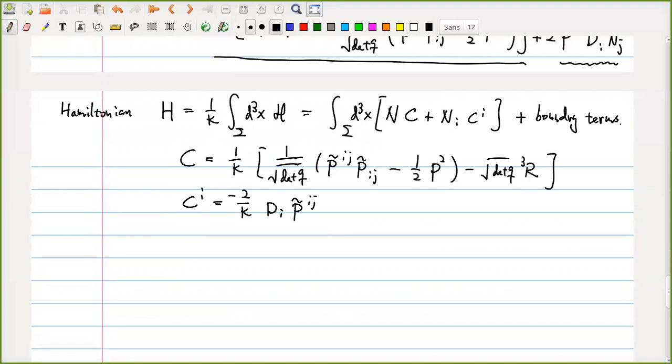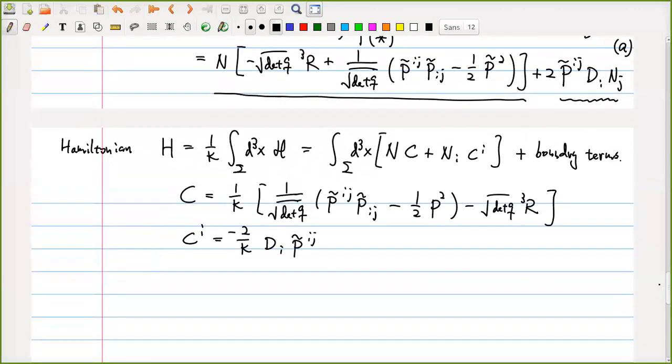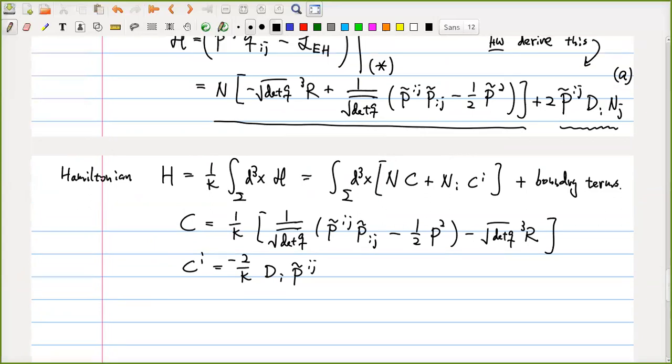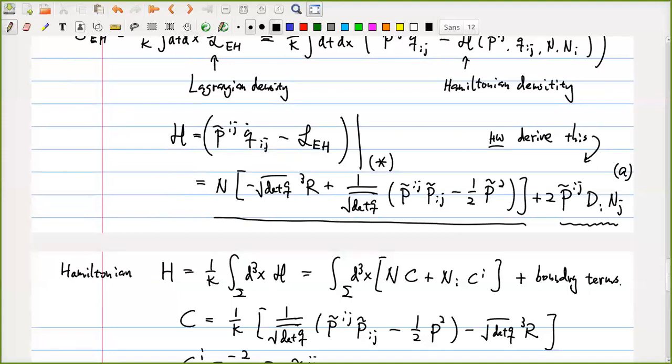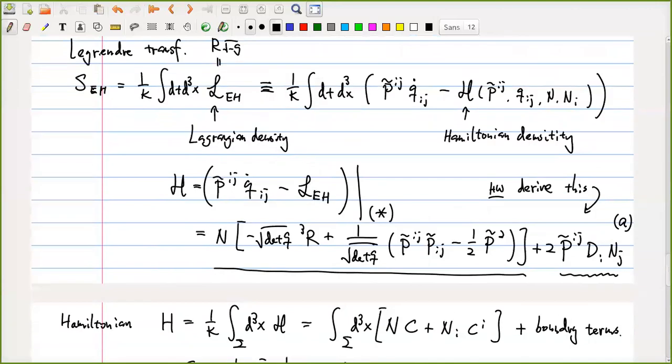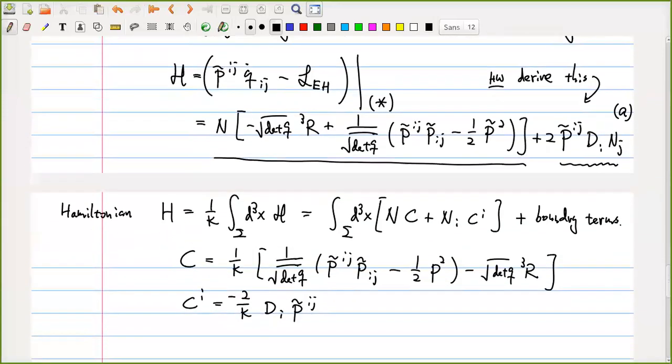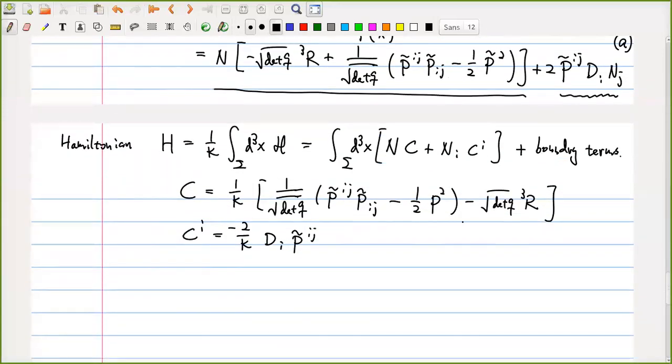So you see, both C and C_i are still densities, because H is inside the integral, and H must be a density. For example, H is P twiddle^ij Q dot_ij, and Q is a tensor and P twiddle is a density, so it must be a density. And the Einstein-Hilbert Lagrangian density, as I said before, is a scalar density. Therefore C must be a scalar density.